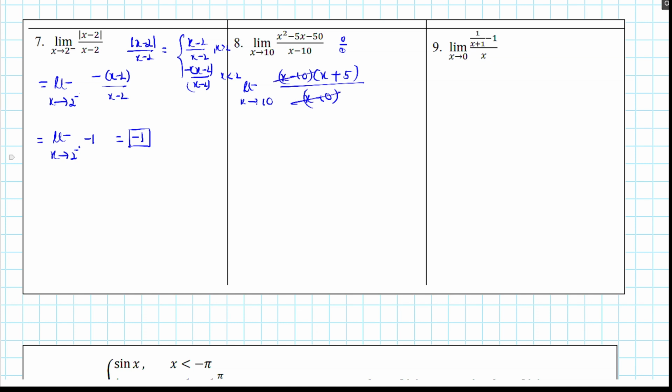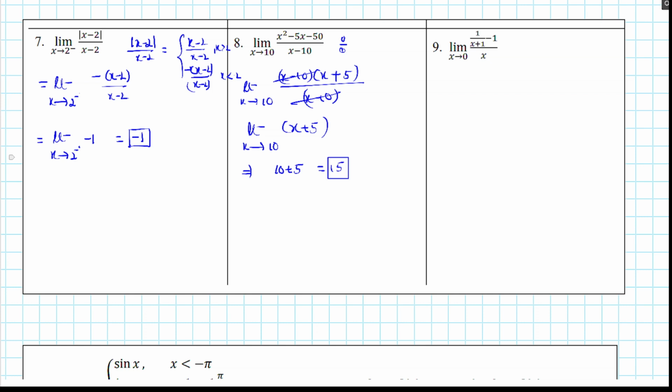So x minus 10 gets cancelled, that is the limit as x tends to 10 of x plus 5. Now you can substitute the limit, that is 10 plus 5, which is 15.